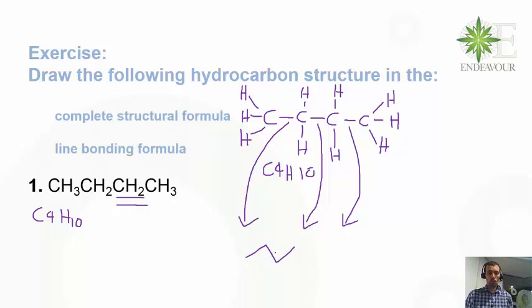Remember, the end point of each of these lines is a carbon atom. So drawing that is equivalent to having the carbons at each end point of the line, like this.